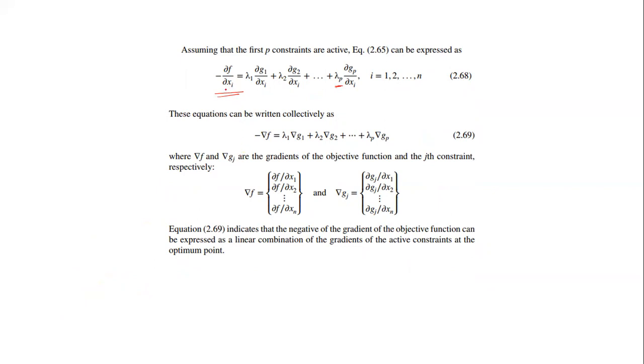If we write this equation collectively, from x1 up to xn, then the left-hand side is the gradient of the objective function. The right-hand side is the Lagrange multipliers and the gradients of the constraints, the active constraints. So del f and del g_j can be written in this way.